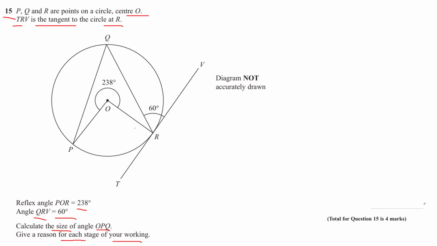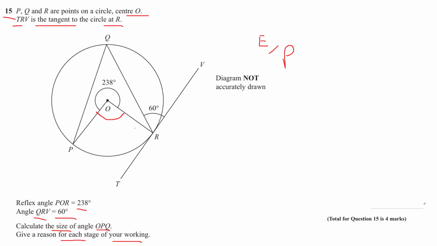Okay, so let's look at the diagram and work out what we already can work out. So we know straight away, guys, that this angle here I can work out because angles around a point add to make 360. So this angle on the outside of POR, I'm going to put EX here for exterior.